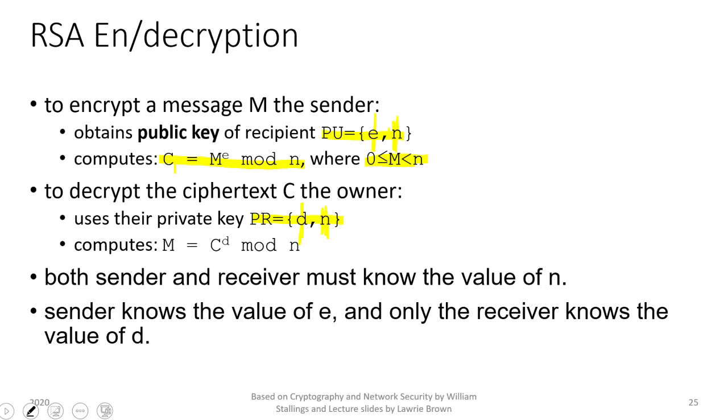So e is the key that we have. Then the reverse would be d. To get the message back, we would use another function, but now we would use the other key in that same modulo operation. So the sender would know the encryption key, the receiver would know the decryption key, and both of them would know the common prime n.